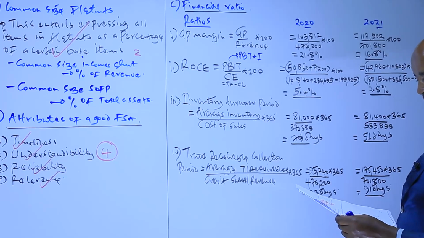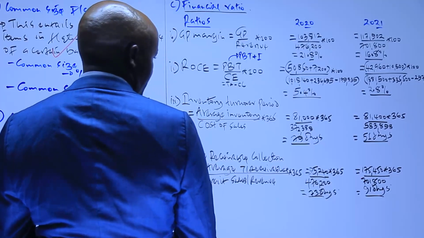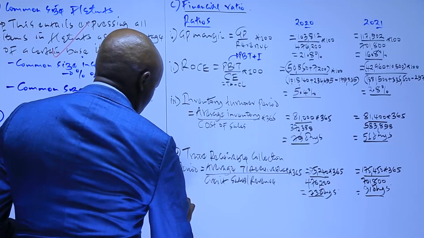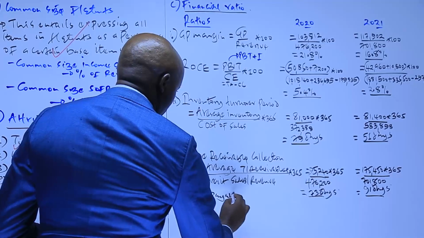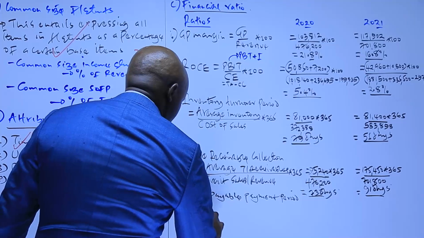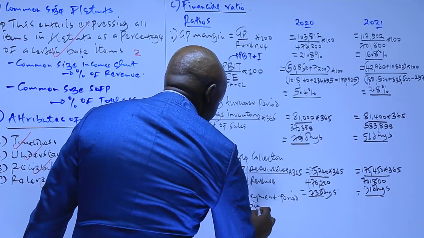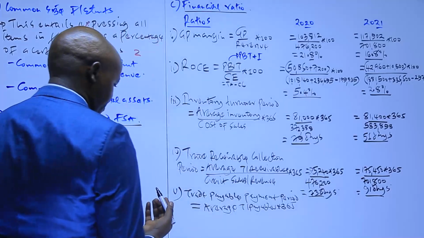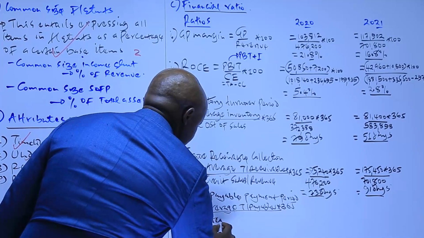And then finally, we have the other ratio, that is the trade payables payment period. Okay, so let's just have it here. Trade payables payment period. So how do we compute this one? We take the average trade payables times the number of days in a year, 365, and then we divide that with the credit purchases.